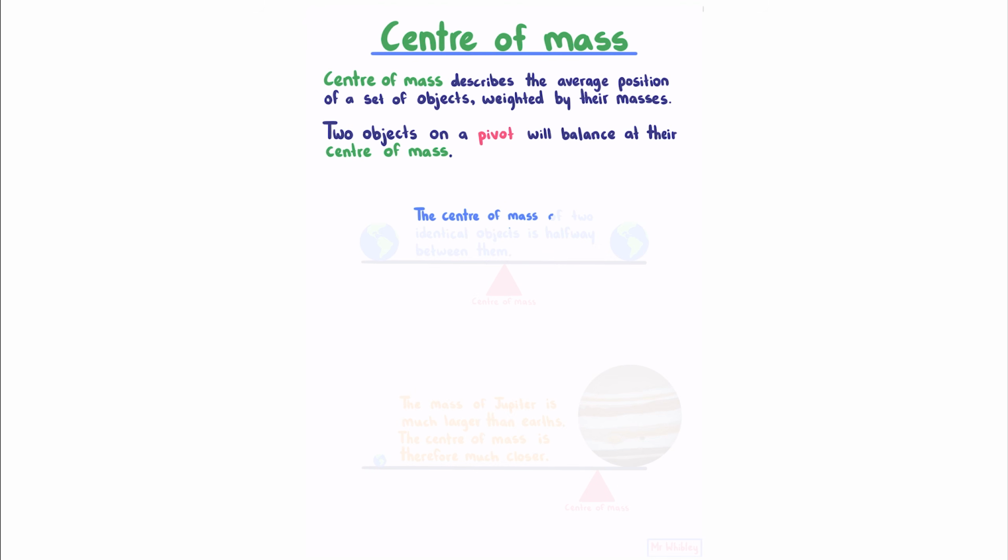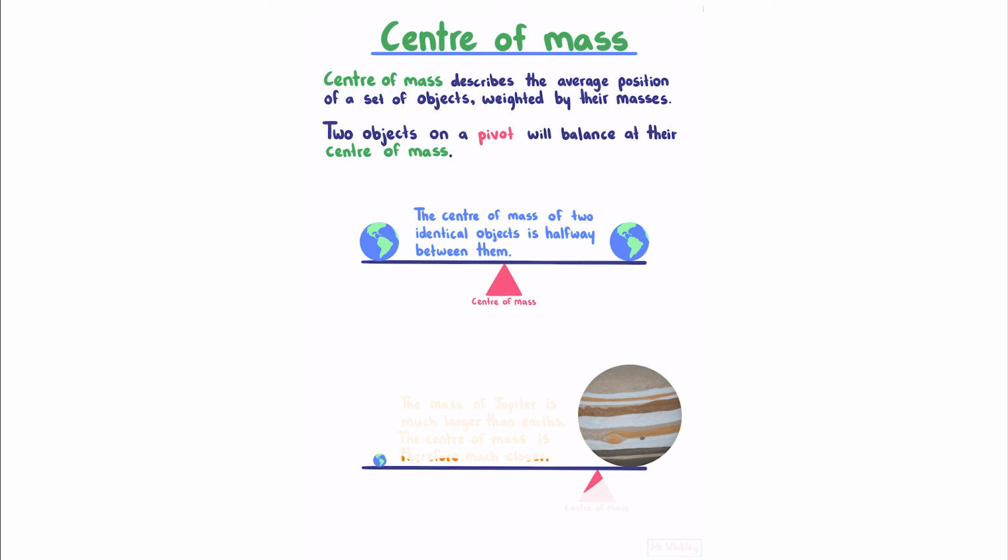The center of mass of two identical objects is halfway between them, meaning that if we were balancing two identical Earths, their center of mass and the location a pivot would need to be for them to balance is halfway between. However, if we replaced one of our Earths with Jupiter, the mass of Jupiter is much larger than Earth's. The center of mass is therefore much closer.